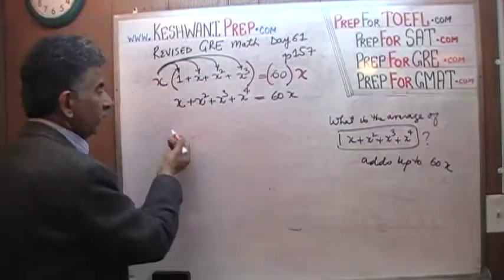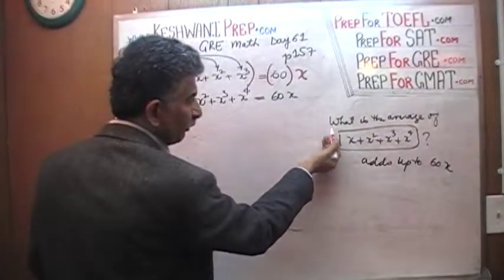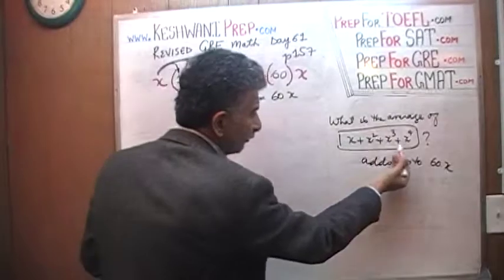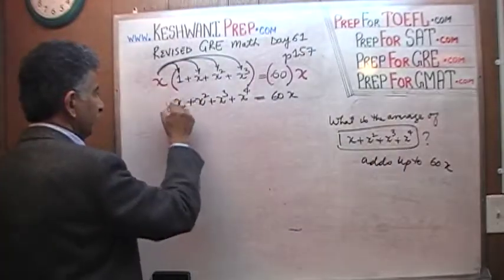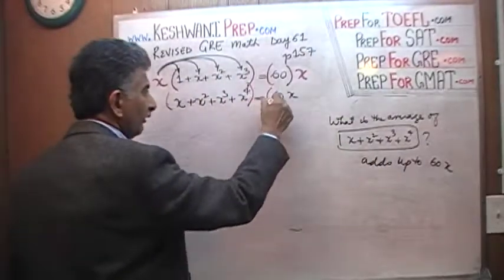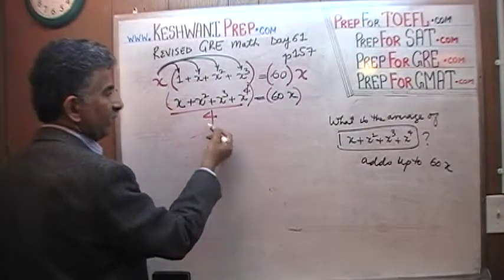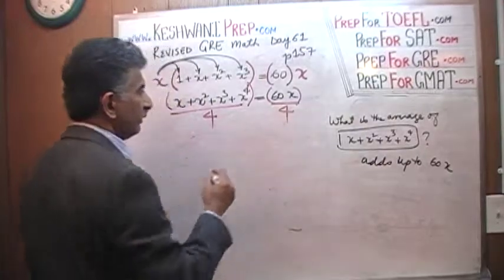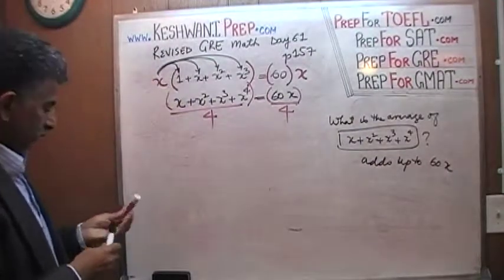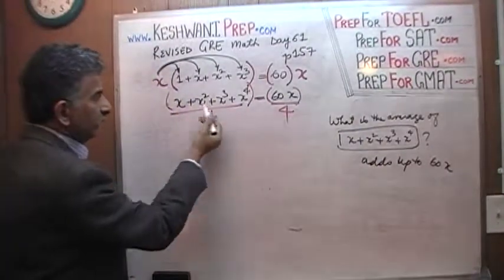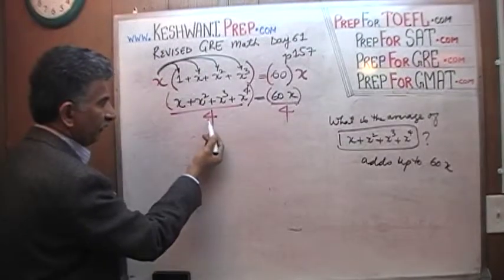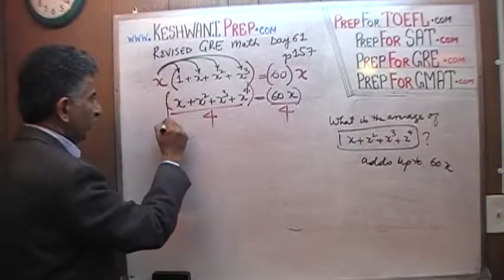So here, in order to find the average of this quantity, which is what the question asks, we add them all up, which we know equals 60x, and divide by 4. Since we are dividing this side of the equation by 4, we have to divide that side by 4 as well. And now the sum of these 4 quantities divided by 4, this thing here, I'm going to put a box around it.